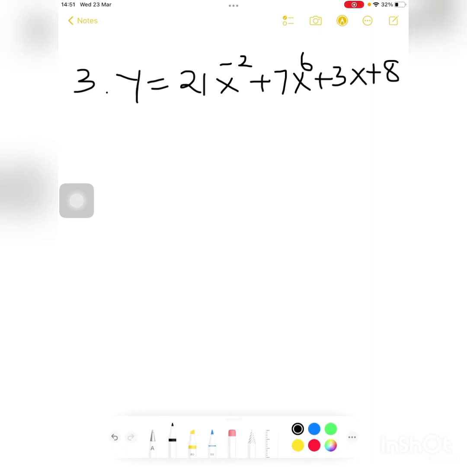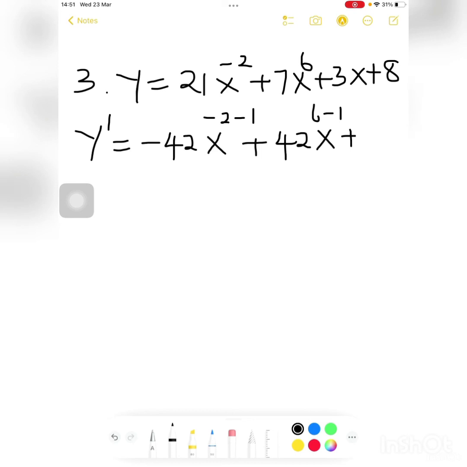The derivative of this, y prime, is: negative 2 times 21 is negative 42, and then x to the power minus 2 minus 1, please remember that, plus 6 times 7, that is 42, and then x to the power 6 minus 1, plus, the 3x is the same as power 1, so it's 1 times 3, which is 3, and then x to the power 1 minus 1, then plus 8.